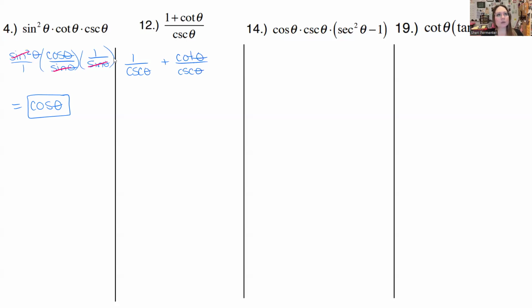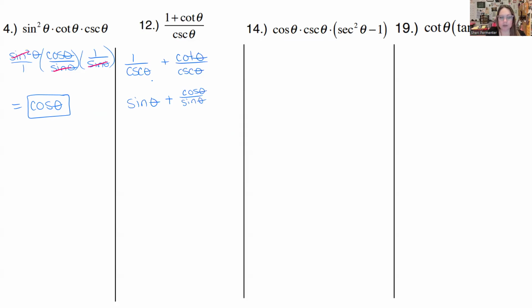Okay, well, what is 1 over cosecant? Sine. For the other piece, I don't know what to do with it, so I'm going to do what I always do, rewrite it in terms of sine and cosine. Cotangent has cosine on top, so cosine over sine.